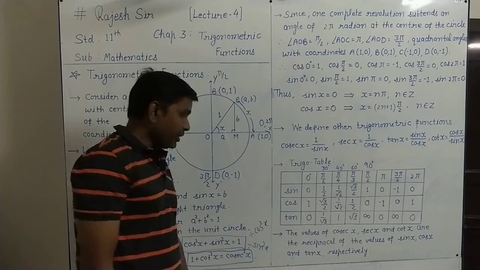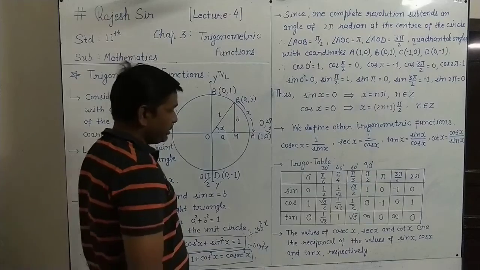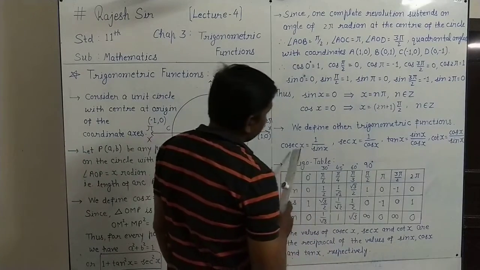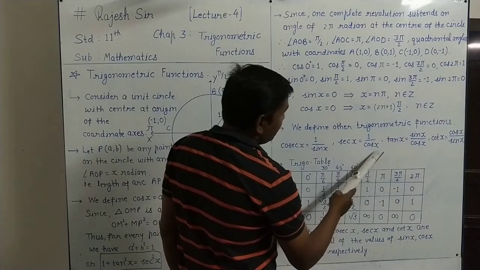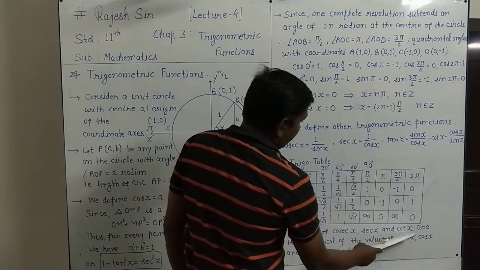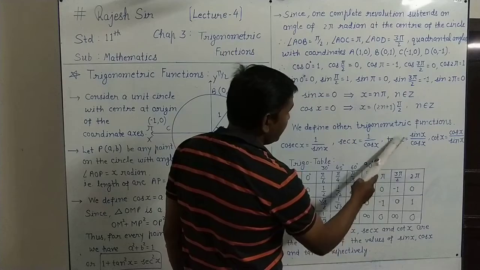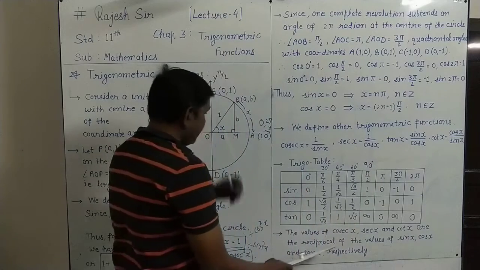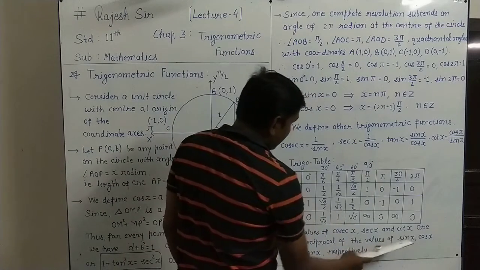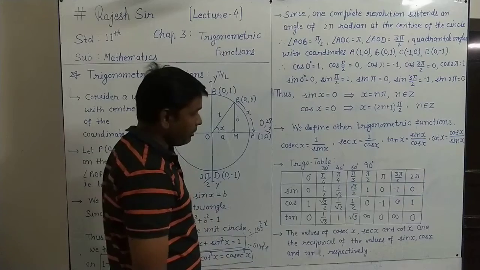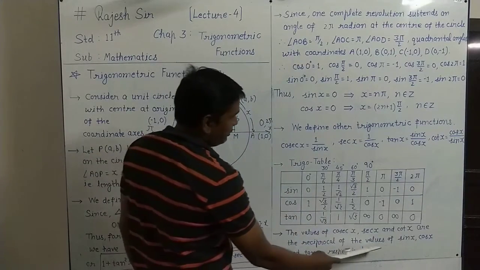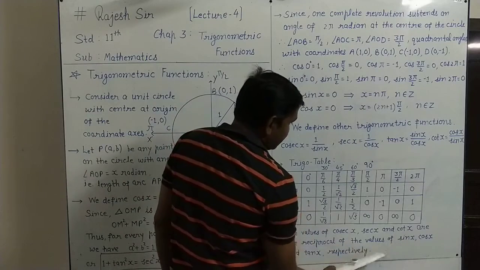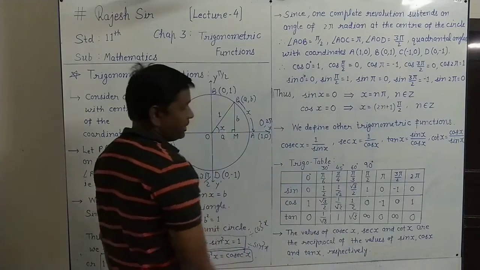What about the other functions? For that we know that cosec x is equal to 1 upon sin x. To get sec x, we do 1 upon cos x. To get cot x, we do 1 upon tan x. So the values of cosec x, sec x and cot x we have not shown in the table. How can we get them? They are the reciprocals of the values of sin x, cos x and tan x respectively.